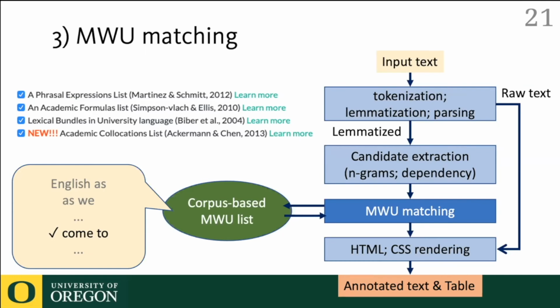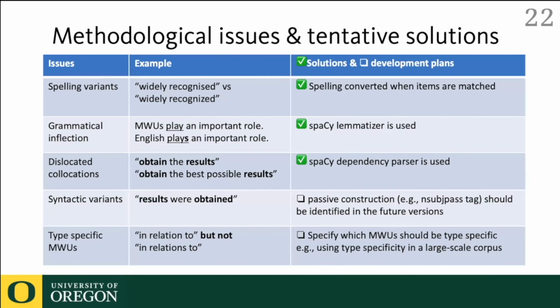I'm not going to talk about the visualization now, but this is a summary of the methodological issues we have. Some spelling variants, British or American, can be converted by the software in the background. Grammatical inflection, as I mentioned, is dealt with by the lemmatizer.